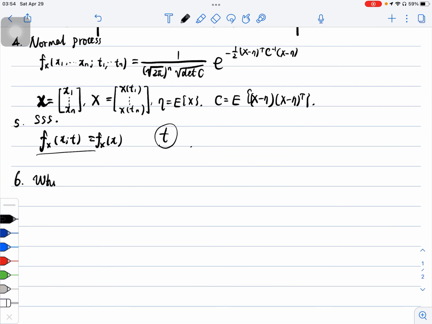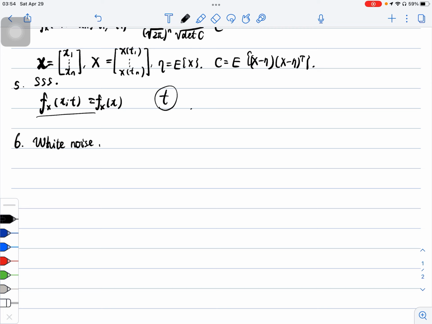Six, the white noise. Vt is a zero-mean white noise if the autocovariance of V, t1, t2 is Q(t1) times delta(t1 minus t2), where Q(t1) is called the average intensity.